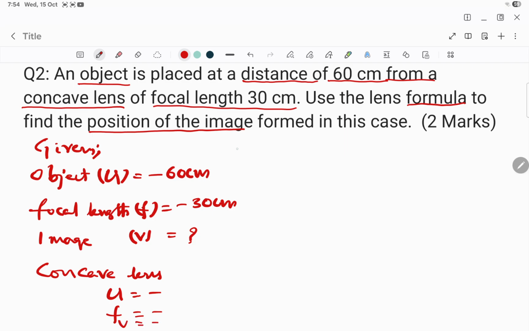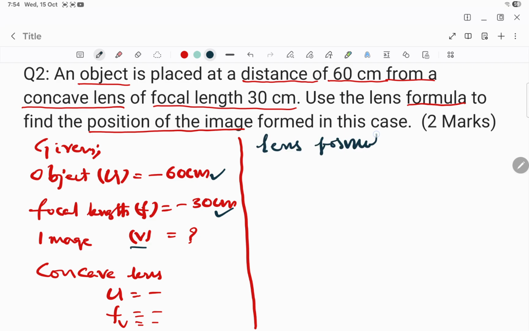So we got the data: object distance 60 centimeter, focal length 30 centimeter is given. Now image distance we have to calculate, so we have to use the lens formula.